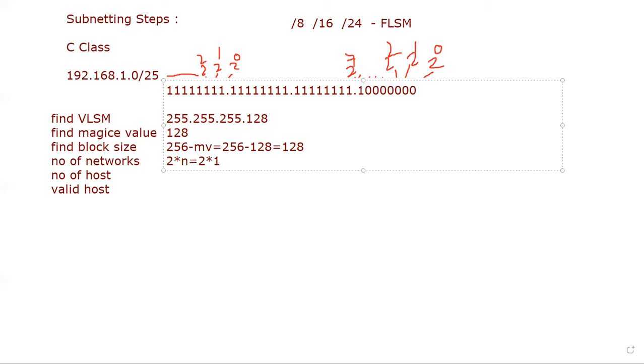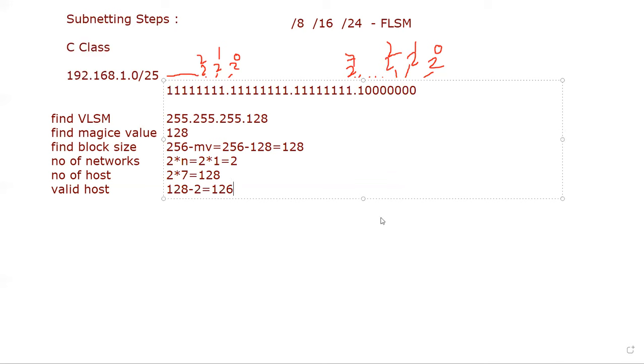If we use this subnet mask, then my networks will be 2. And in each network, we have 2 raised to power 7 hosts, which is 128. Valid hosts are 128 minus 2, which is 126 in each network.